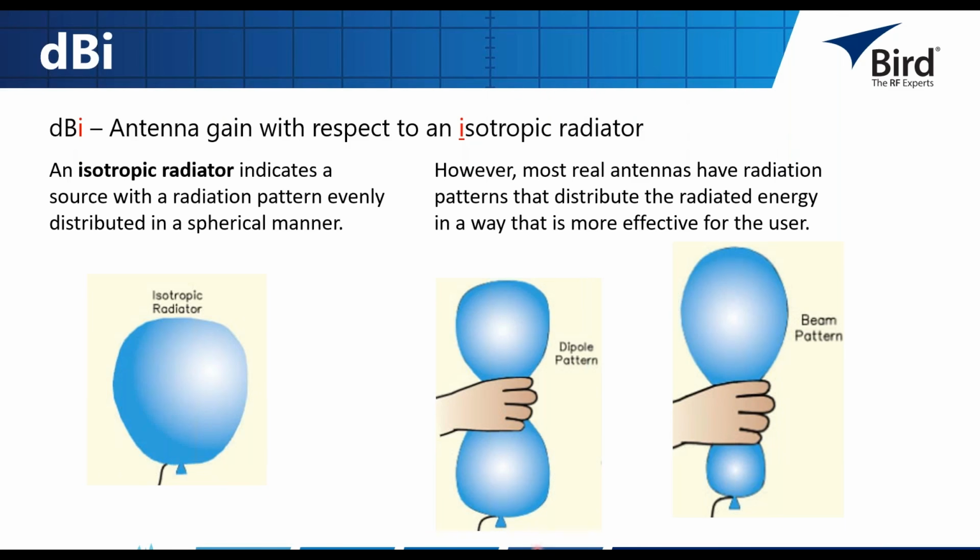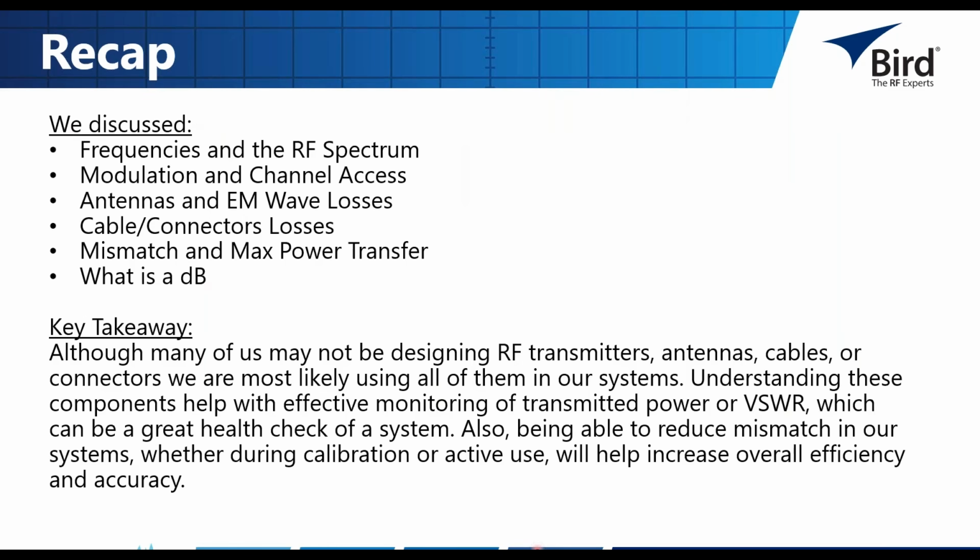So just to take a quick recap, today we were discussing frequencies in the RF spectrum. We looked at some modulation and channel access techniques, took a quick look at antennas and EM wave losses, got to look over cable connectors, losses and impedance mismatch, max power transfer, and finally we got to take a look at dB.